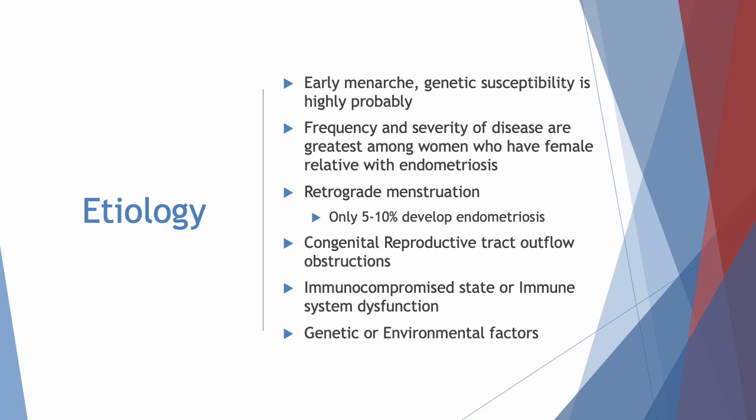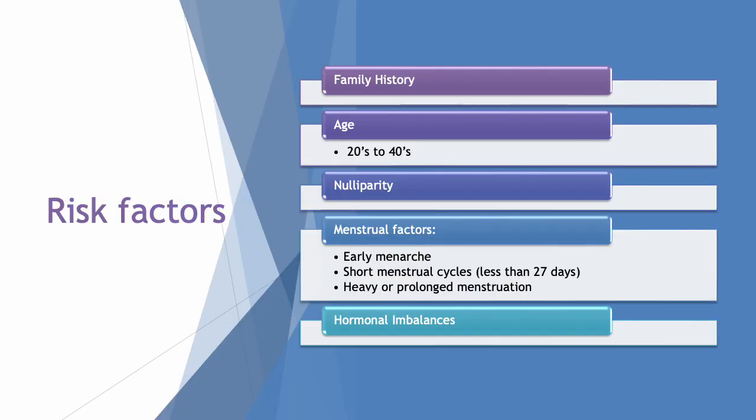And there are also genetic or environmental factors that can cause irritation and induce the endometrial cells to mature outside the uterus.